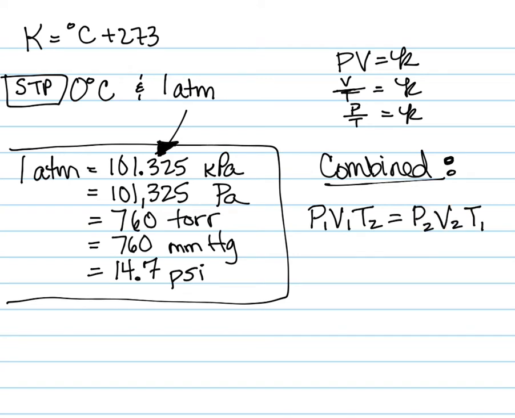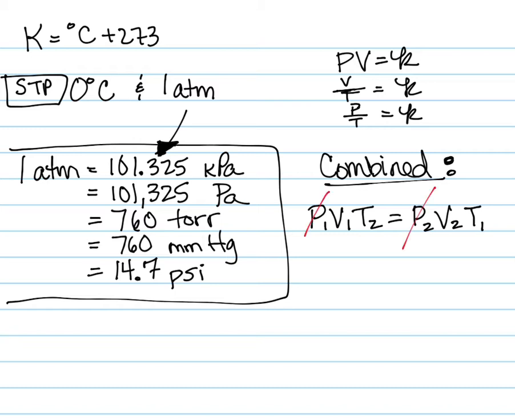And again, notice the temperatures have been swapped. So even if you were doing a problem and temperature was constant, you could easily just mark through the temperatures and ignore them and only deal with your P1, V1, P2, V2. And the same goes with, well, what if pressure is held constant? Because you're going to be dealing with Charles's Law.